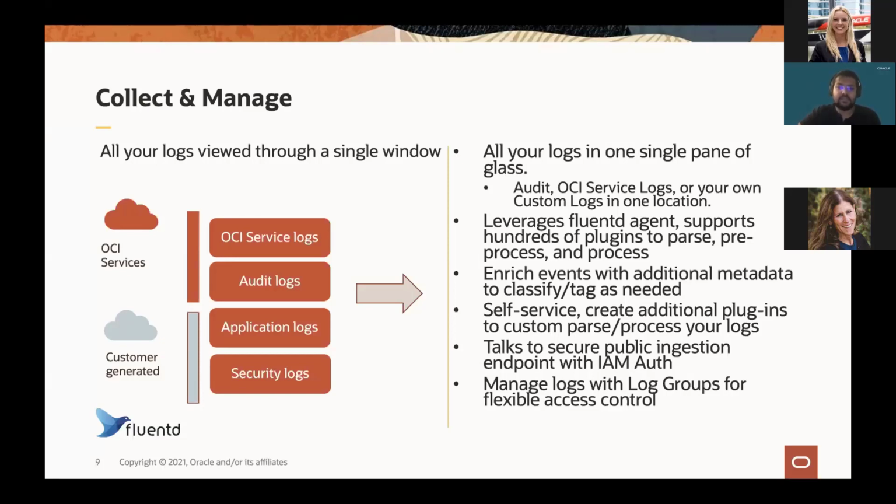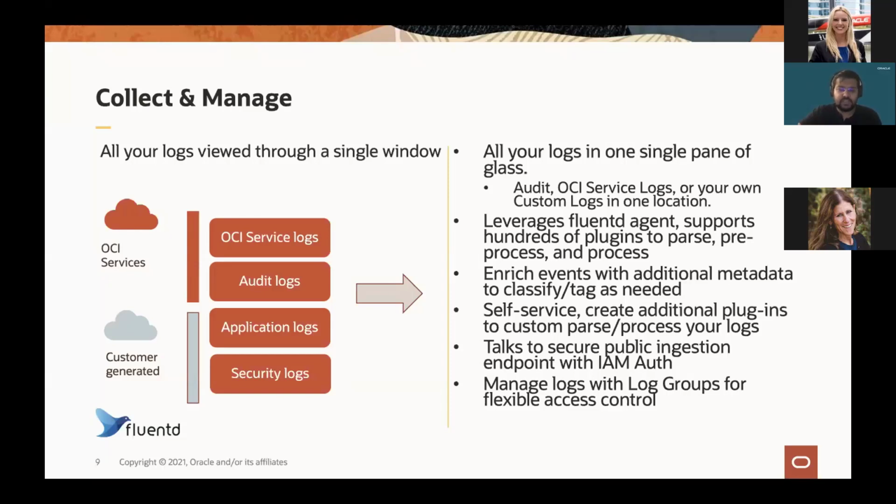And for this, there is a configuration required, as well as an agent that is required to be installed on the host. If you are using an OCI instance, these agents are installed on it by default. But if you are using an on-prem instance, you definitely would have to install the agent and configure it to pick those logs in.